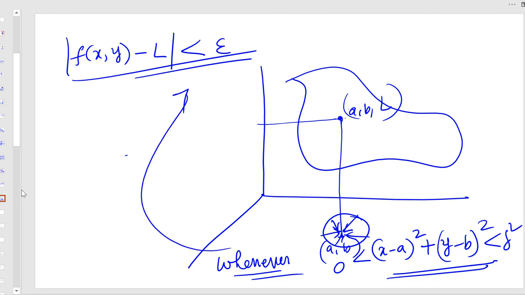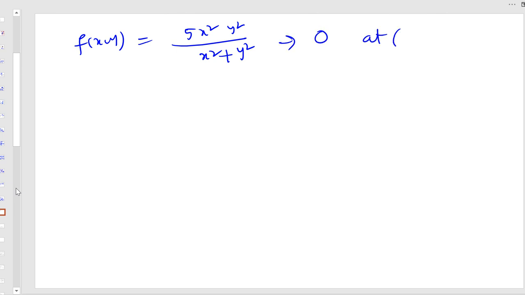Now to verify, for this example we have seen that if f of x, y equals 5x^2 y^2 over (x^2 + y^2), we have said that this goes to 0 as (x, y) goes to (0, 0).